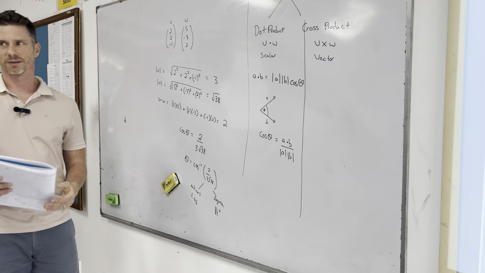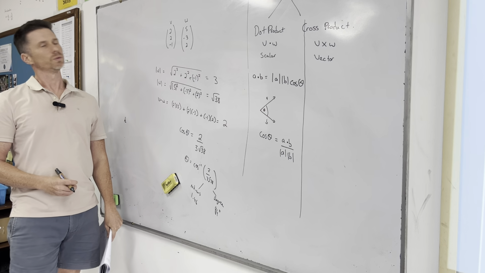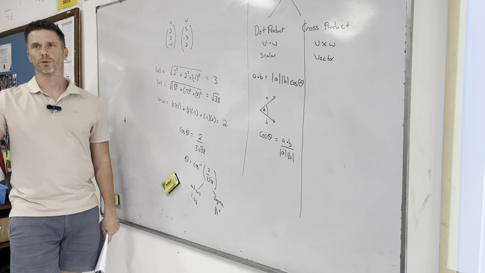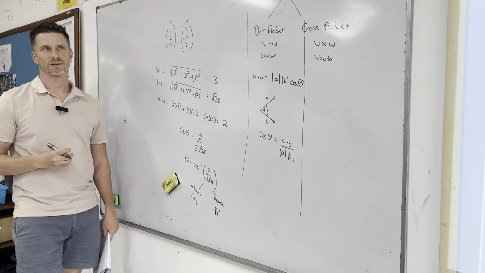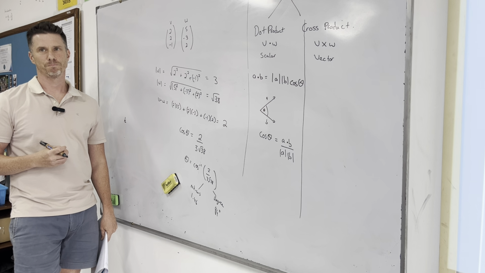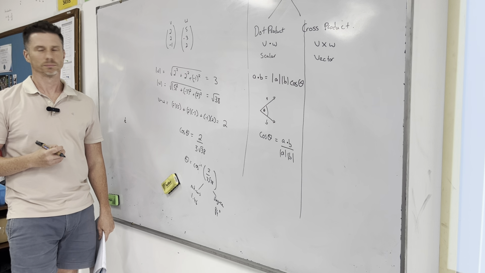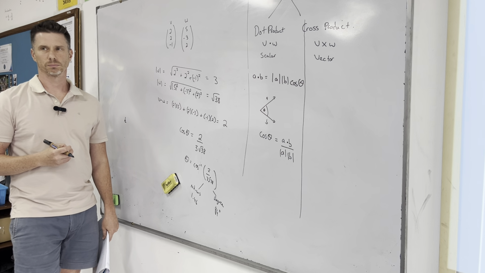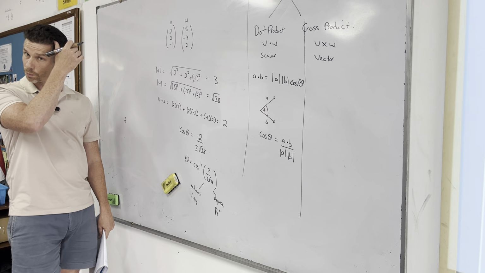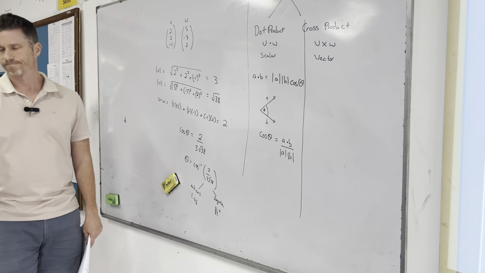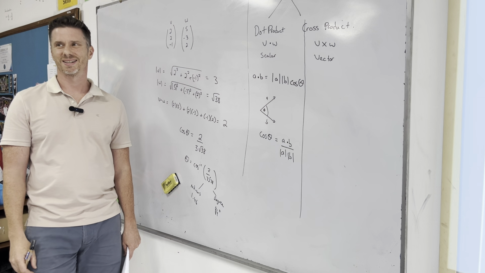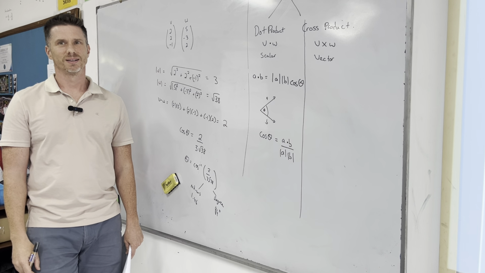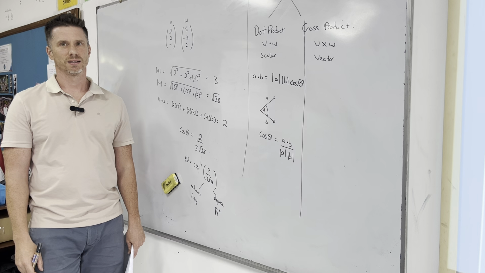No, so the idea is that pi radians, 3.14, is half of the circle, and 2 pi is a full circle of radians. 3.14 radians is 180 degrees.